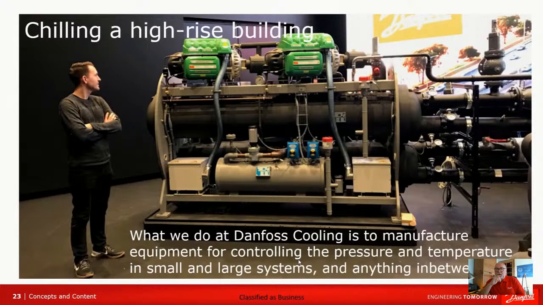You can see one of my colleagues, Lasse here, he's looking at a 600 kilowatt something chiller that is actually cooling a 40 meter, that's 10 stories building, with some of the more innovative engines. You can see the top green ones there. That's oil-free compressors.